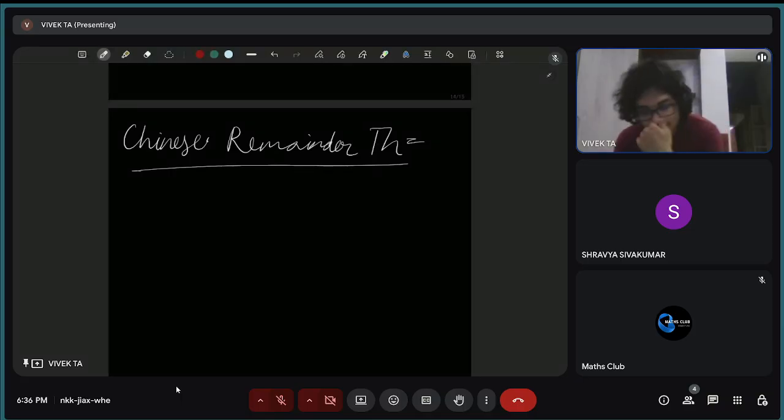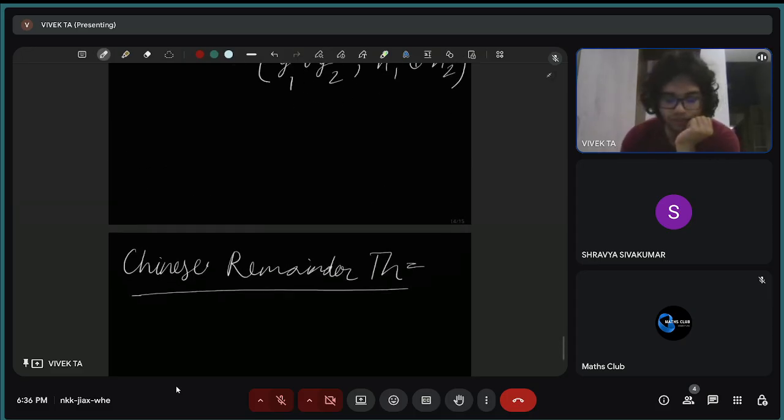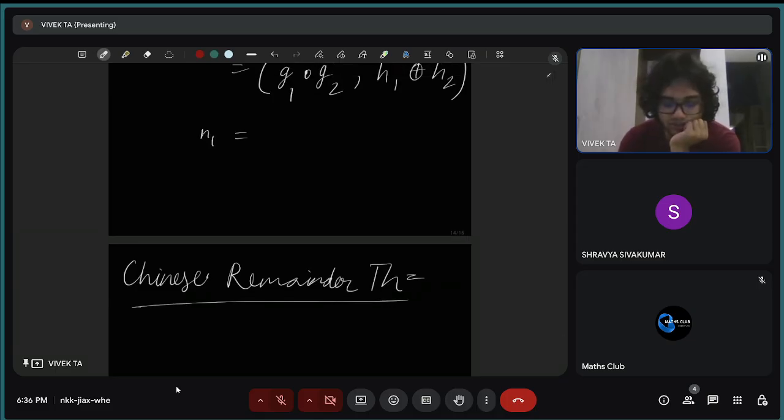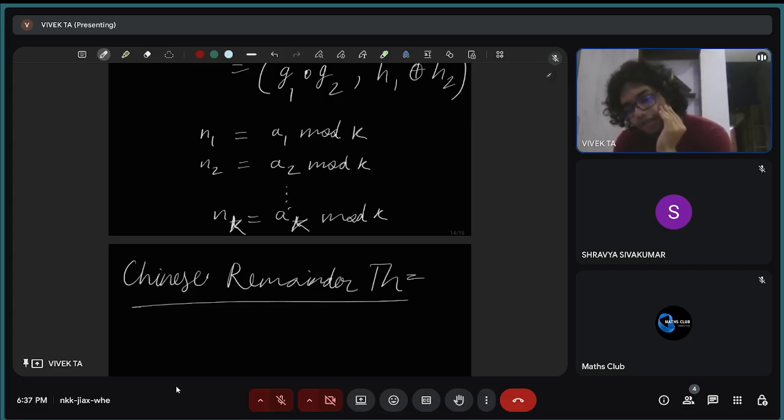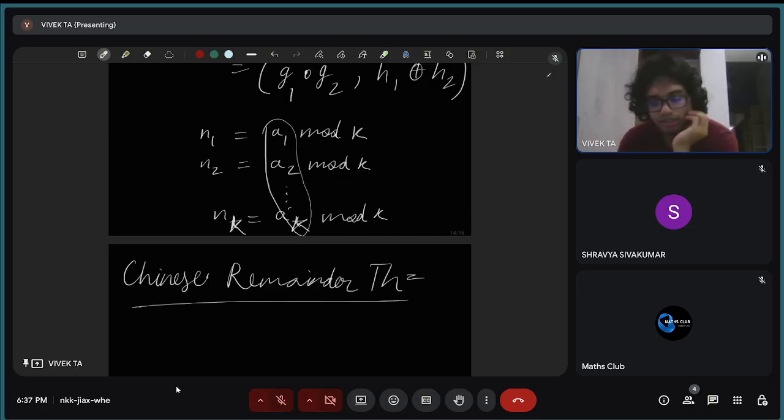Essentially, the Chinese remainder theorem says if you have equations n1 ≡ a1 mod k1, n2 ≡ a2 mod k2, and so on up to nt ≡ at mod kt, I think there were nk of these, then you have a unique solution a1, a2, ..., ak.